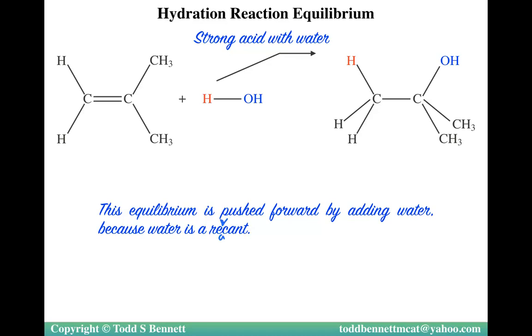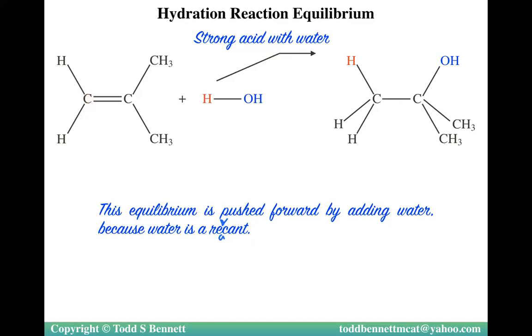Because water is a reactant, it's going to go forward. If I use strong acid to get this reaction going, to protonate here and create a carbocation, then water can attack it. With strong acid and water, adding a reactant can push the reaction in the forward direction.